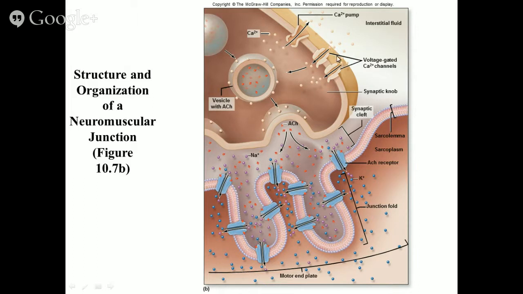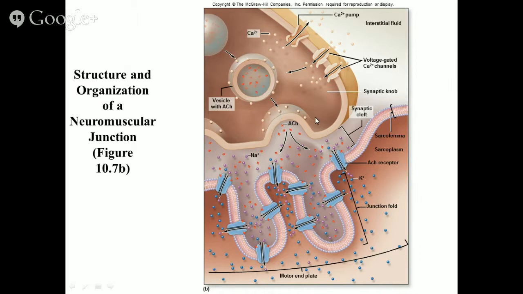So calcium gets shunted in through these voltage gated channels, and then the calcium winds up binding to these vesicles. They call them synaptic vesicles, as if you couldn't already guess. We're in the synaptic knob, hovering above the synaptic cleft, and some synaptic vesicles, which are membrane bound bubbles, come into contact with calcium, and then they kind of have an adhesion moment where they merge with the cell membrane of the synaptic knob, and that's what's happening here.